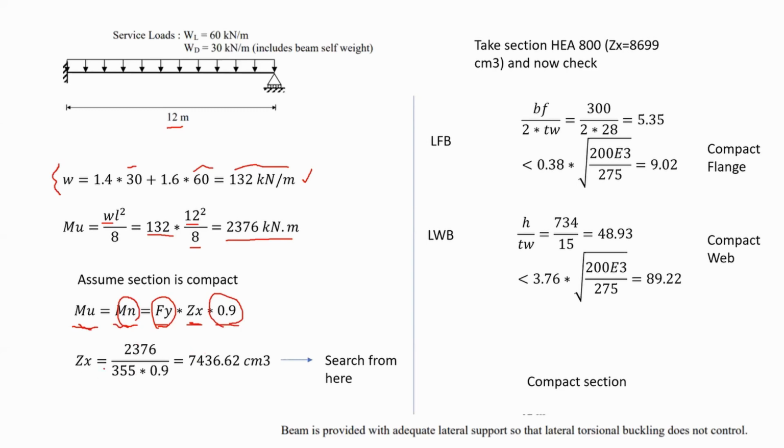So Zx would be equal to 7,436 centimeter cubed. And since I have a value in here, I can start searching in the section tables, where the value should be above this Zx. So you can say that this is Zx minimum.